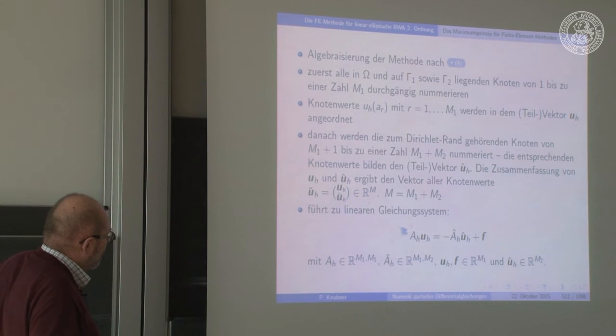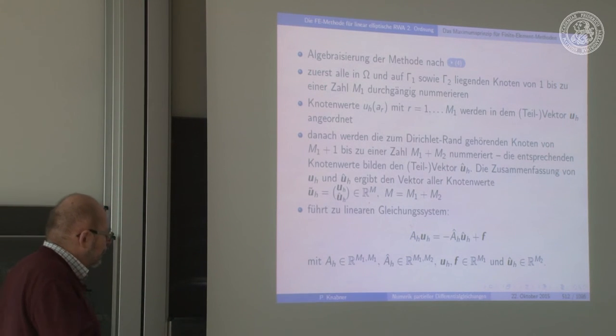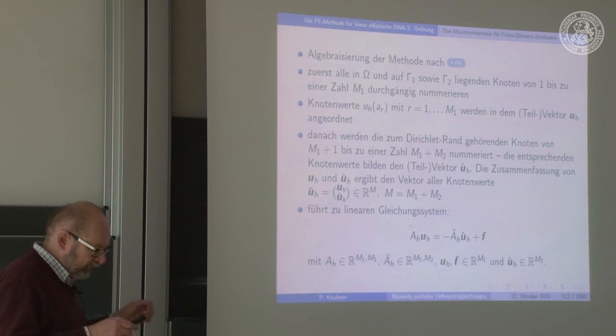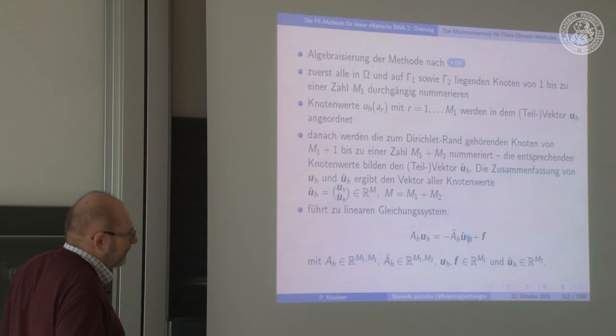So if we now do as I have advised for the assembly process, we assemble the stiffness matrix first ignoring the Dirichlet degrees of freedom, and then we bring the Dirichlet degrees of freedom to the other side, then we have exactly this situation.